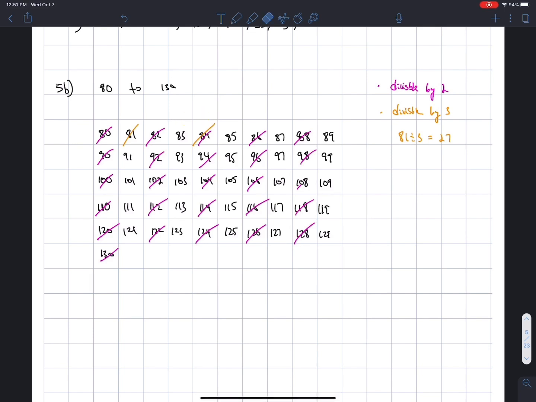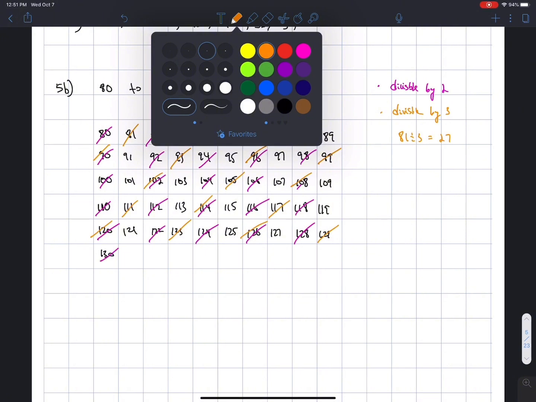Or you can just add 3. 84 plus 3 is 87. 87 plus 3 is 90. 93, 96, 99, 102, 105, 108, 111, and then 114, 117, 120, 123, 126, 129.